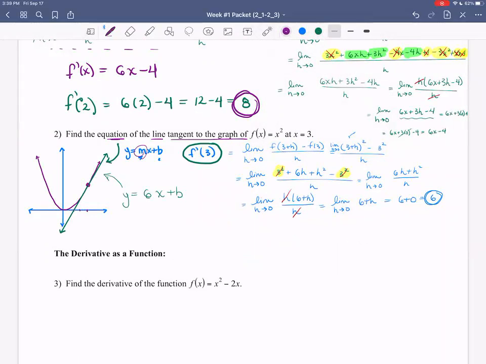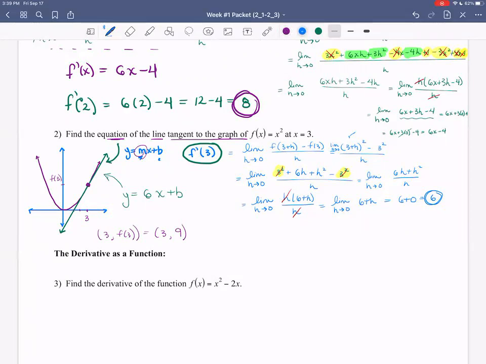We know that the point when x is 3 and the output is f of 3 is on our tangent line. So what is that point? 3 comma f of 3. Well, we know what f is. f is x squared. So the point on our tangent line is 3 comma 3 squared, or 3 comma 9.